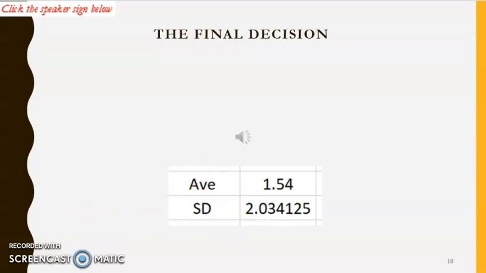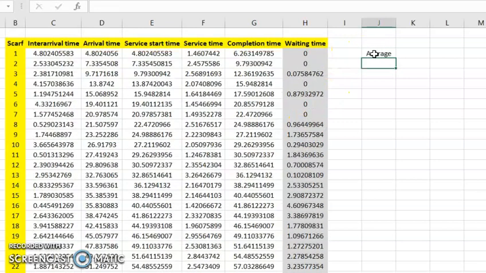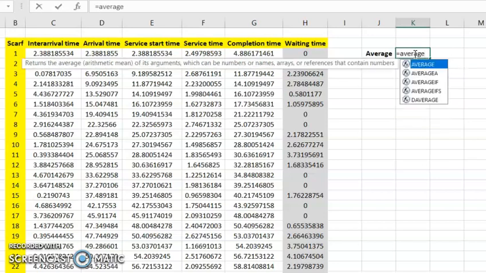Just this average would be enough for the calculation, and since it is 1.54 according to this result, it is not acceptable. But now I'm gonna check it with the Excel file and we can confirm the results. Okay, we have average and we have standard deviation. Here, let's need average.